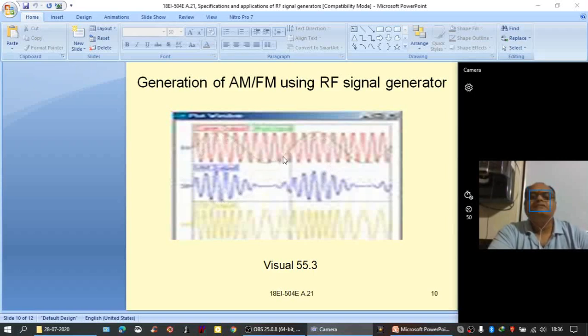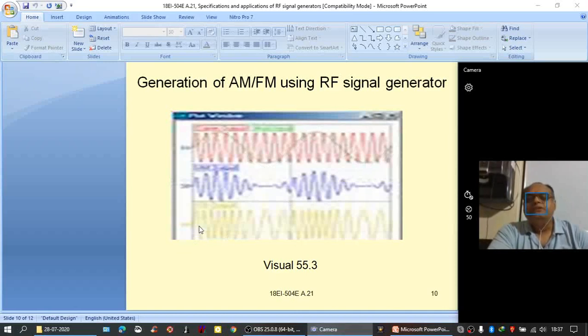The second one is where the frequency of the carrier signal, the high frequency one, is varied according to the amplitude of this signal, that is the low frequency audio signal.